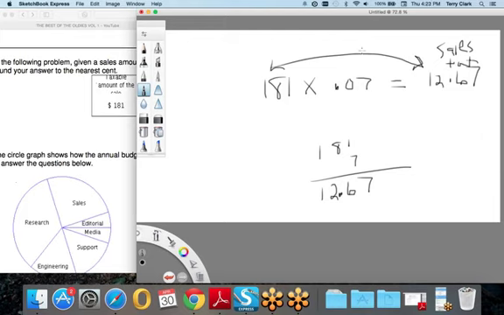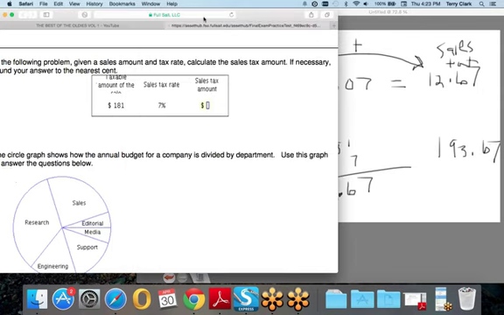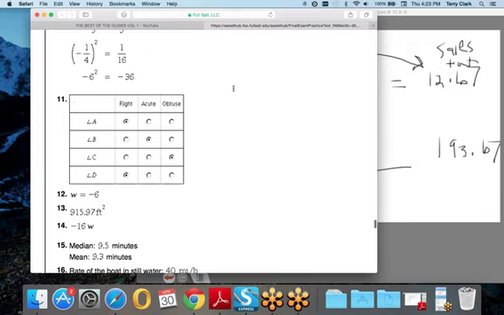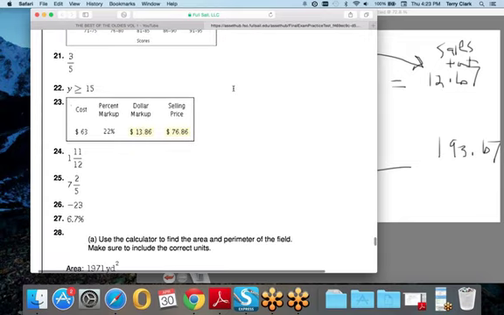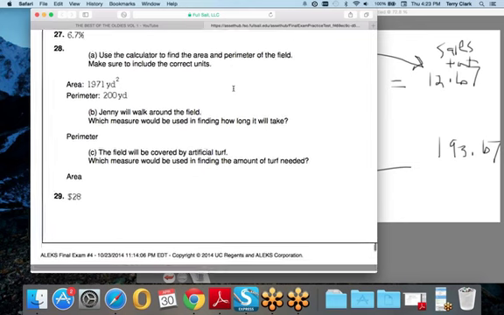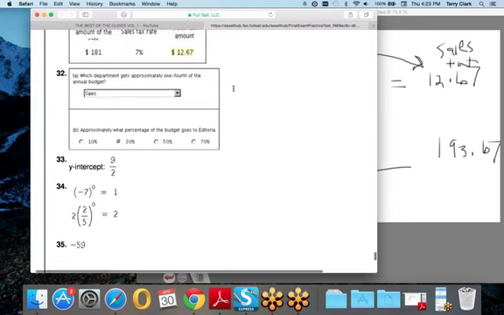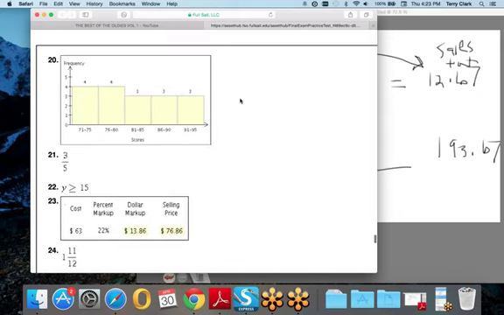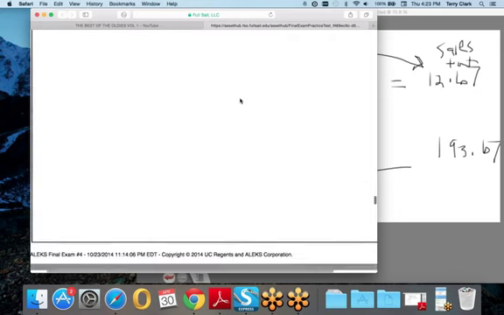When we add these two together, that'll give us a total amount that you'll pay with the sales tax of 193.67. But let's do this right here for a second because I think these answers are down here. 31. Yeah, it's 12.67. So that's the sales tax amount they were talking about.